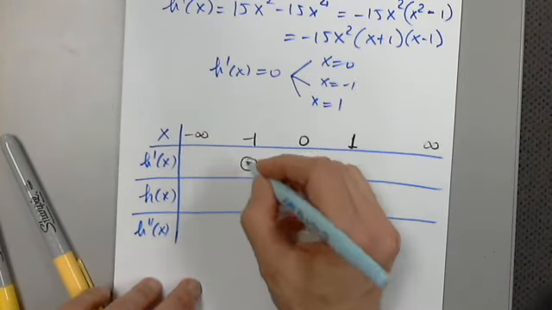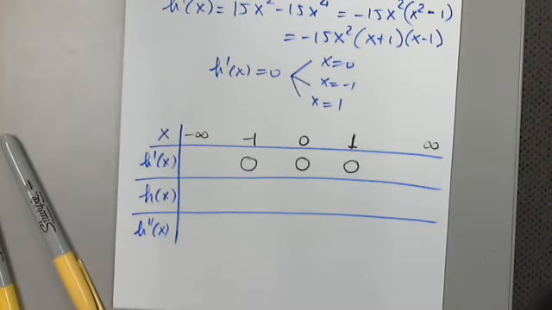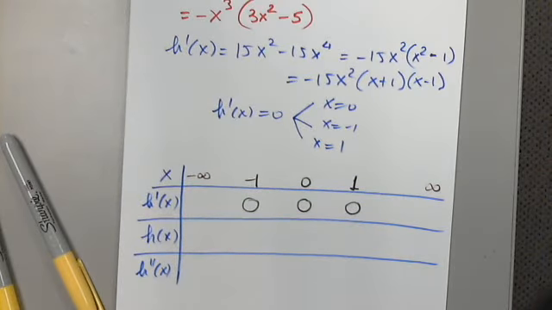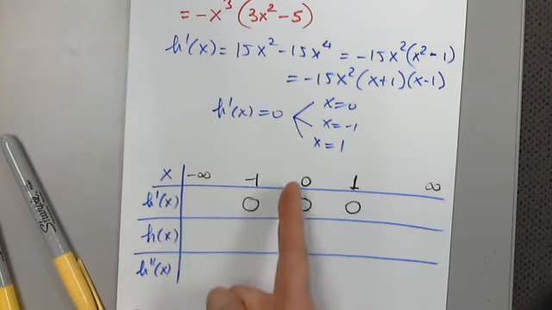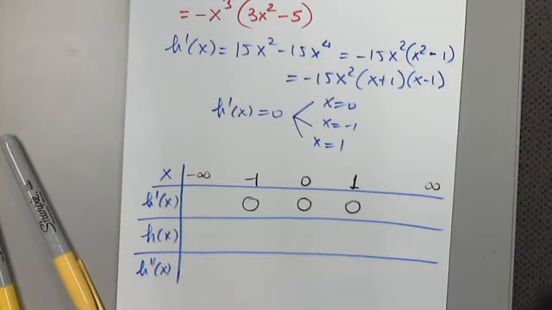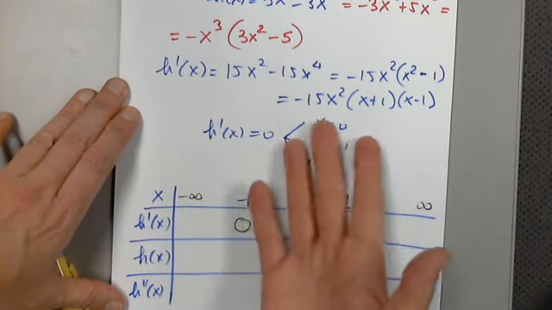The first derivative, as you already mentioned, is 0 at those points. My next step is to find the sign of the derivative in this interval, in this interval, in this interval, and this interval. I have several ways. One will be to simply plug in numbers.